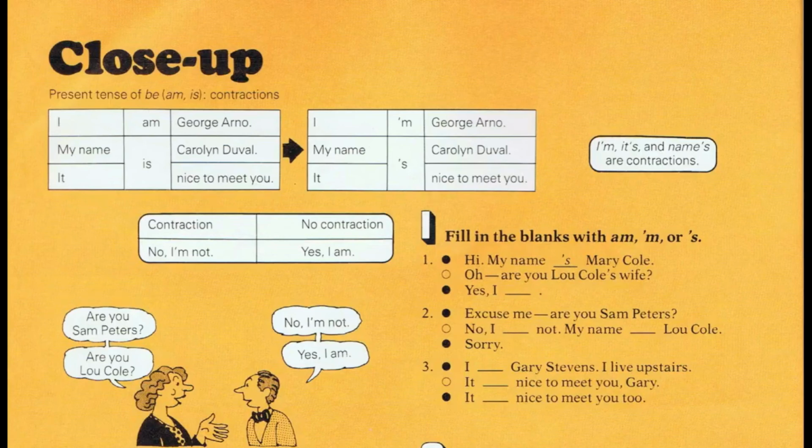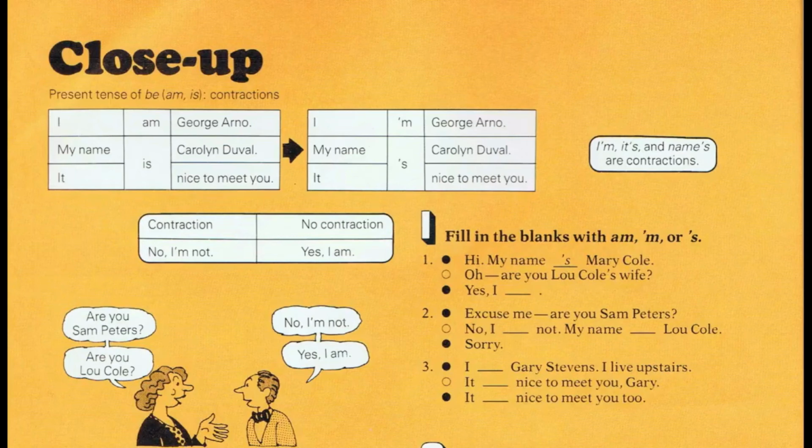So number 1 says, hi, my name's Mary Cole. Then, oh, are you Lou Cole's wife? Yes, I am. Here we cannot have a contraction because it's a short answer. I am. Number 2, excuse me, are you Sam Peters?